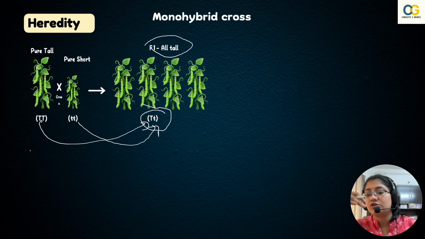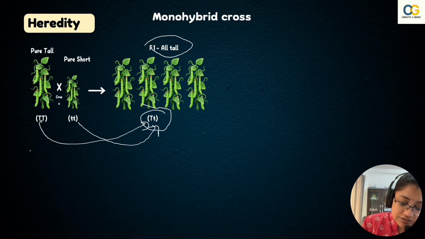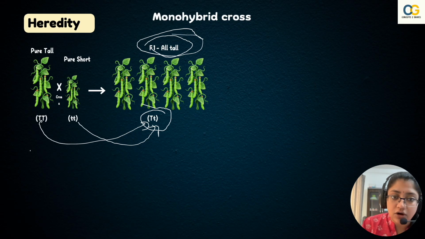Because tall is dominant over the short. So internally, even if I have one short gene, I'll still look tall because tall is dominant over the short. My mom's short is suppressed over the dad's tall. Dad is tall, so finally I am tall. Right? So F1 generation, we got all tall. F1 as in first generation.